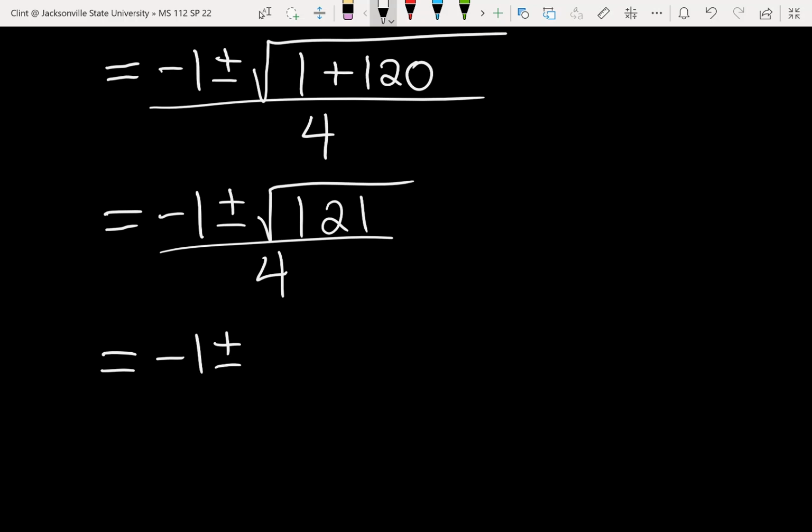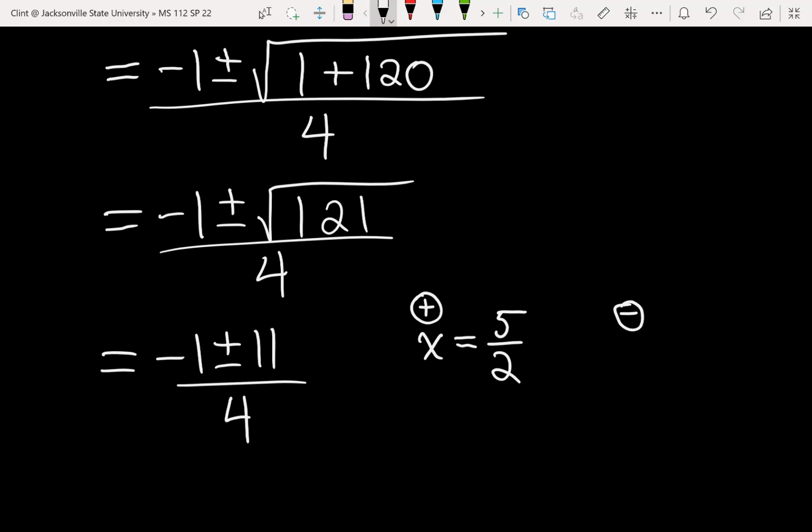So we'll get 2 potential solutions, and we gotta check them. So let's see, if we use the plus sign, what do we get? Negative 1 plus 11 would be 10 over 4. That's 5 over 2. We reduce.